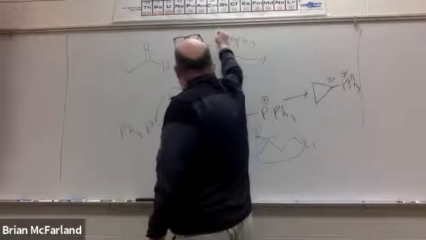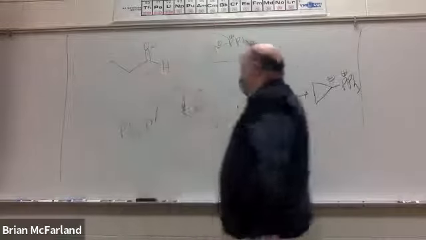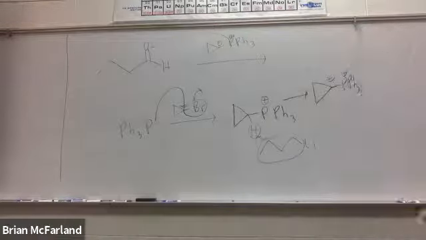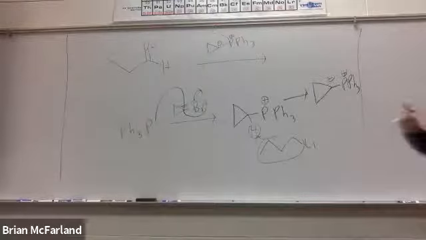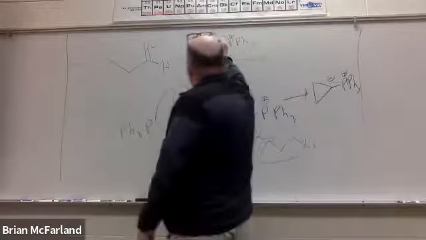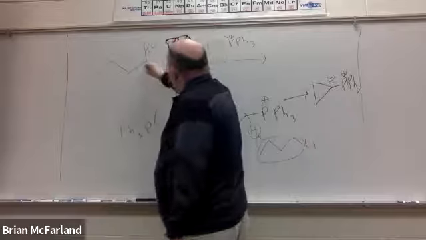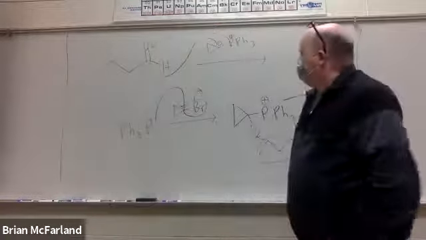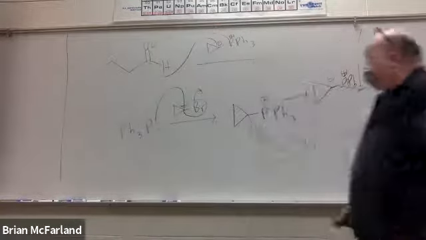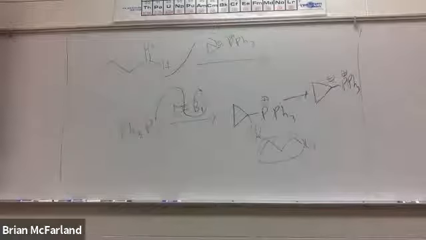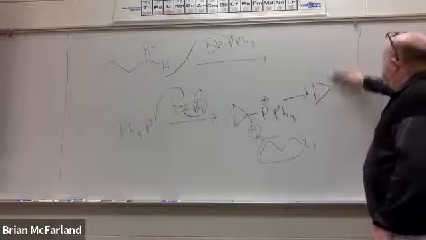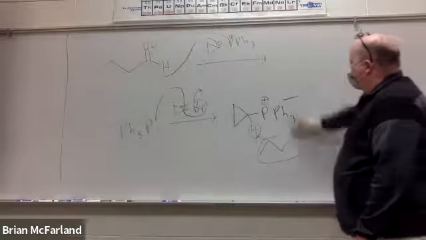Because the phosphorus is attracted to the partially negative O. And what was the rest of it? The negative charge will attack the partial positive on the carbon attached to the O. Absolutely. Yes, very good. Negative carbon can attack your strongly partial positive carbon, right?